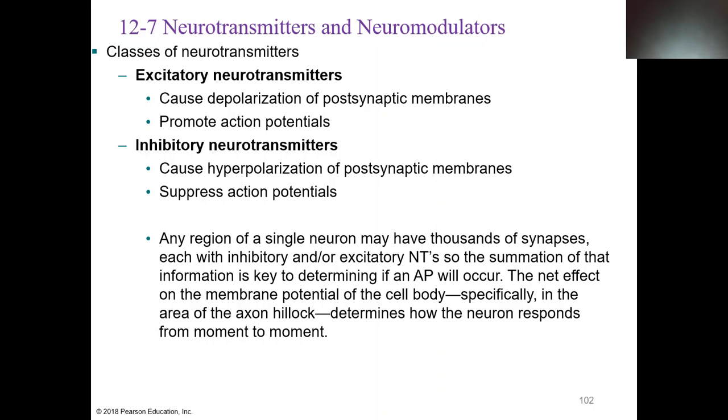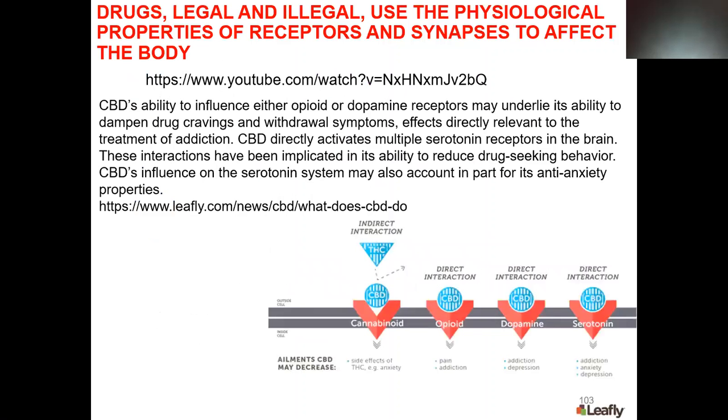Some may be excitatory, some may be inhibitory. It's going to be the summation and the net total that says, okay, what should I be doing? Should we be doing the action potential or should we not? So that's why that Axon Hillock is very important, because it will determine whether or not that action potential needs to actually go or if it needs to slow.